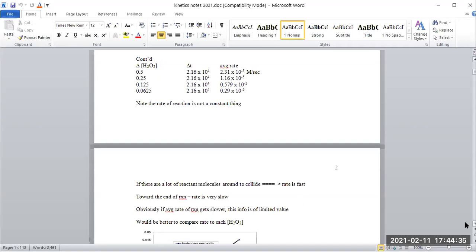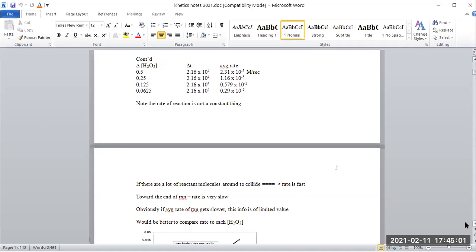when there are lots of molecules available to make the reaction happen, you get a fast rate. Once they get used up, you have less and less available. This is part of why your rate is slowing down.